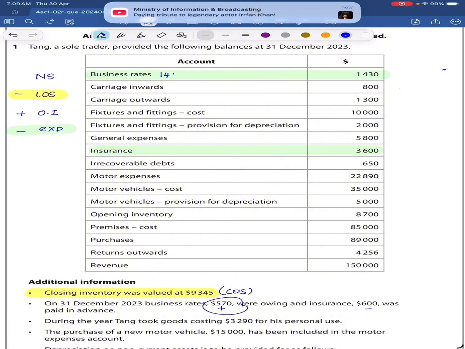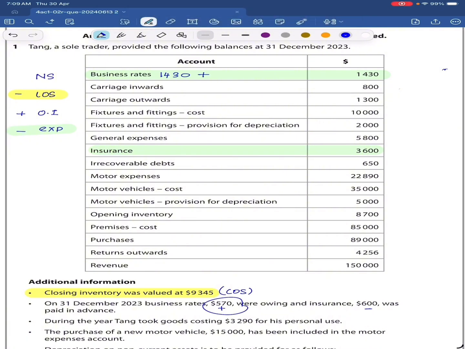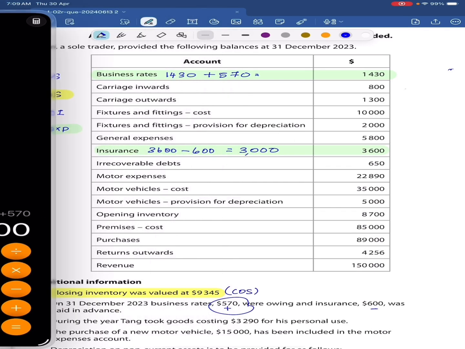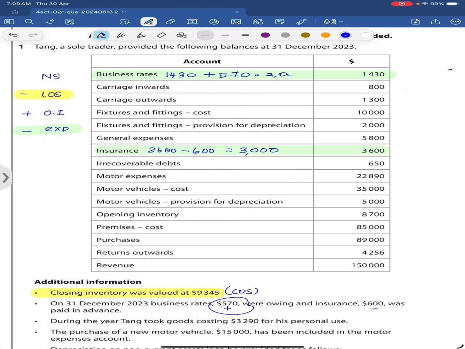So 1430 plus 570. And then insurance 600 prepaid, paid in advance. Therefore, here it should be 3600 take away 600, and the other one 1430 plus 570, which should give 2000. So those will appear under expenses.